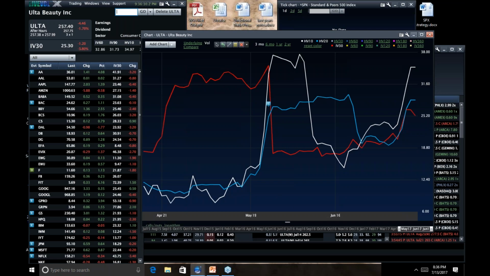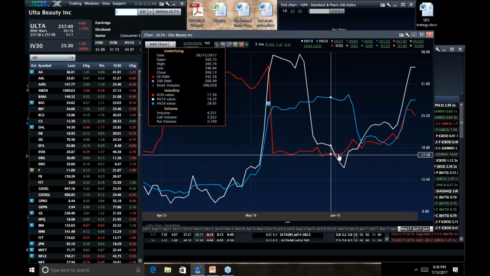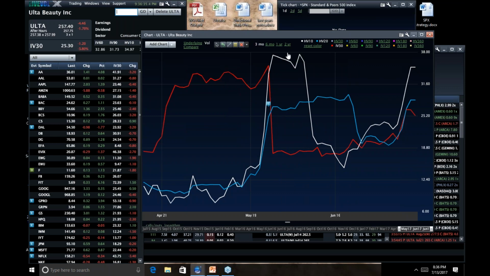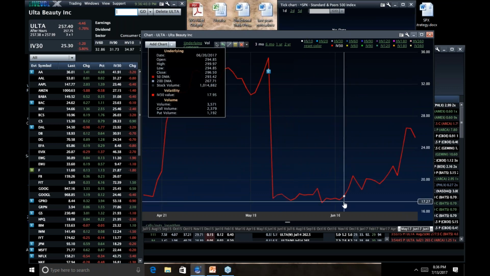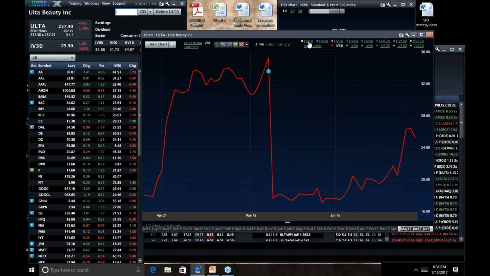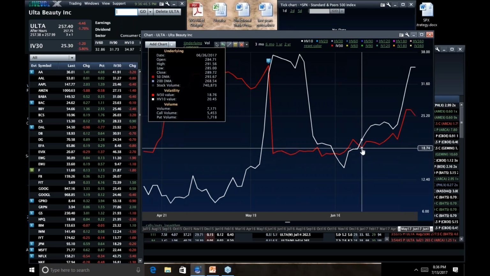I mean, this was just insane. Look at this. The IV just stayed low, low, low, low, low. I'm going to get rid of the other two. So the IV just stayed dirt low. You could have bought all the premium you wanted here on the 26th when it was 290.